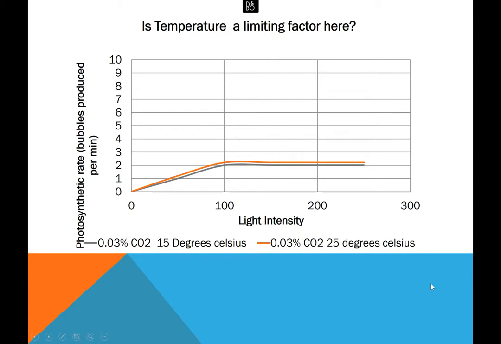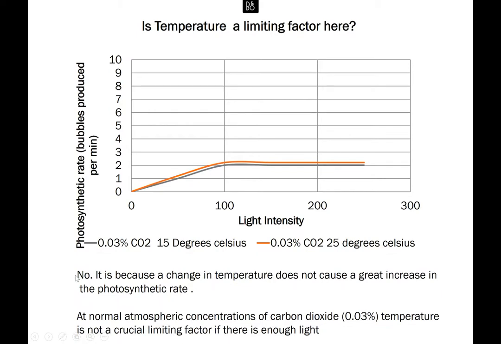No, because as I increase from 15 to 25, there's a change in temperature, but it doesn't cause a great increase in the rate of photosynthesis. It is still about the same. So in this case, temperature is not a limiting factor, because as I increase a bit to 25, it doesn't actually increase my rate of photosynthesis.